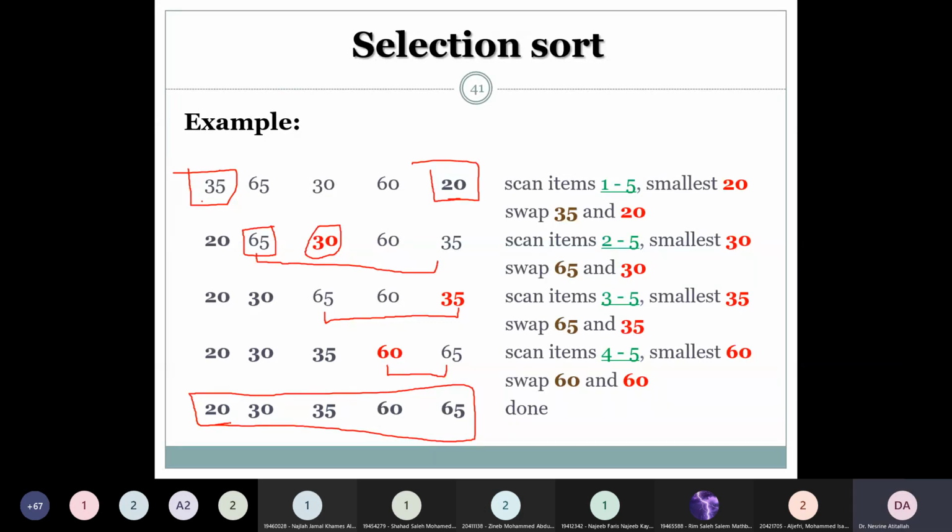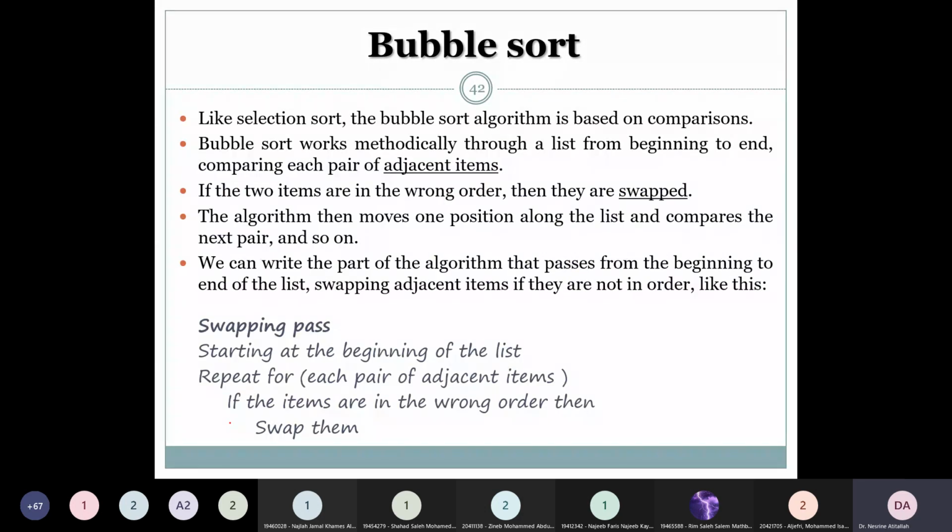Okay. Now the bubble sort, another type of sort. Like selection sort, the bubble sort is based on comparisons, okay? But now the bubble sort works methodically through a list from beginning to end, comparing each pair of adjacent items, okay?